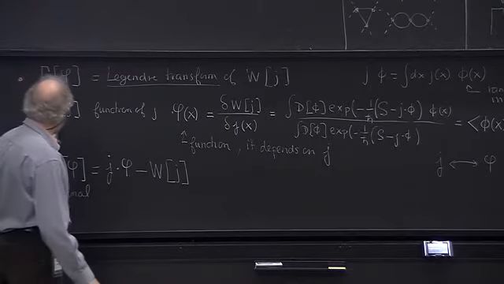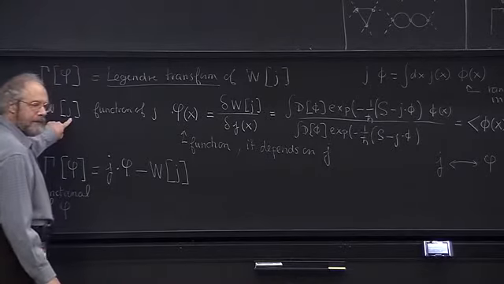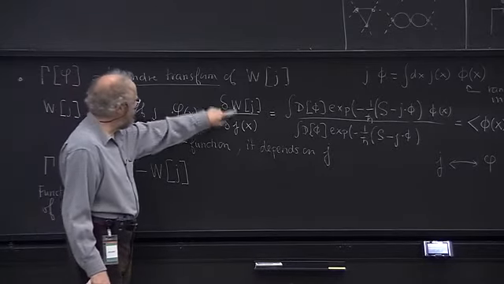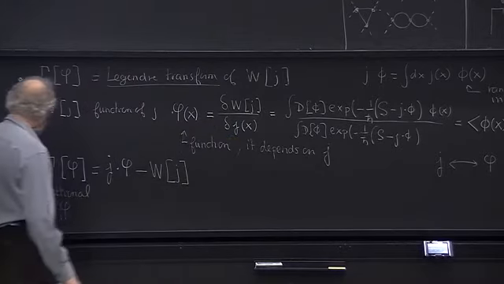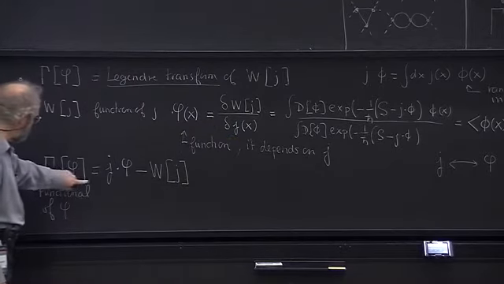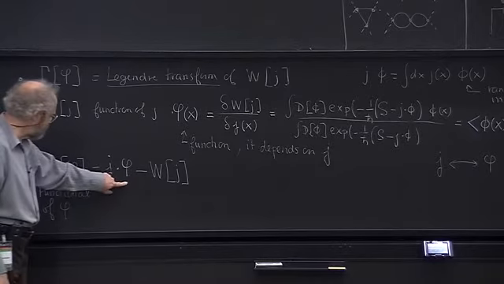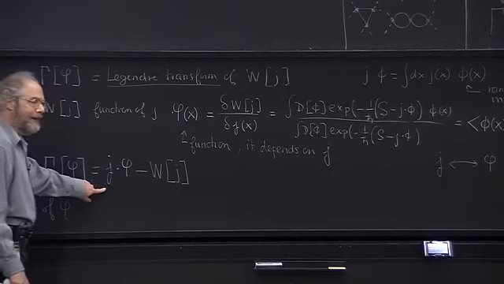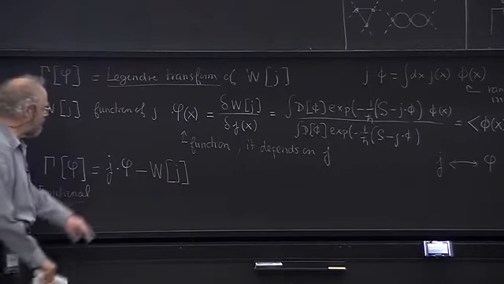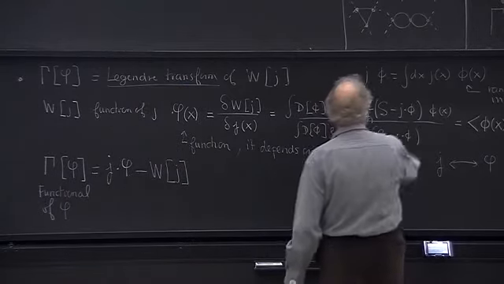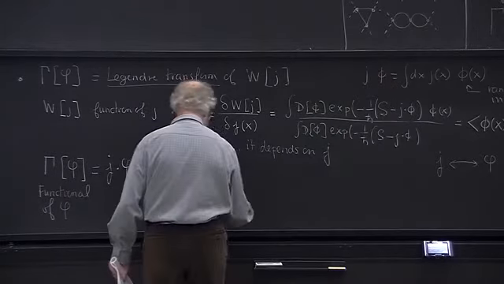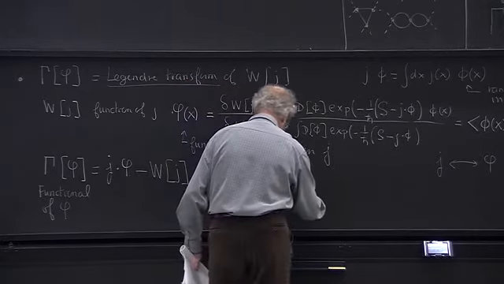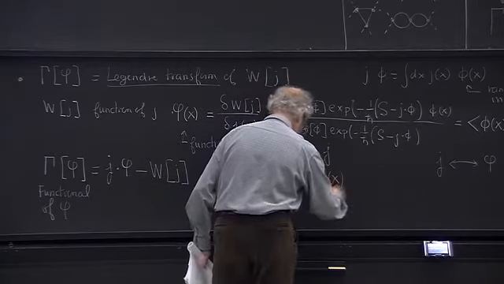If you have a function W of a variable G, the conjugate field phi is a derivative of W with respect to G, and the Legendre transform is a function of phi, which is defined with G, now considered as a function of phi, minus W of G. So you see, in this expression, which is a bit formal, G dot phi means the integral over x of G of x times phi of x.